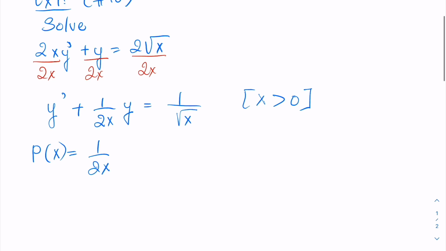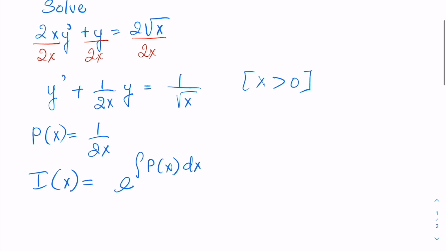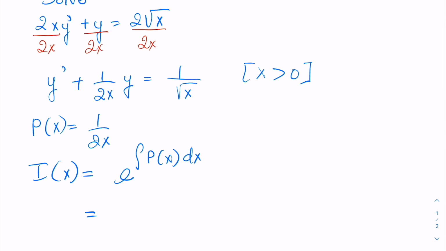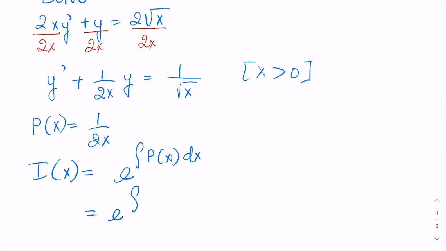Now let's take care of I of x. So I of x is e to the integral of p of x dx. So what we have is e to the integral of 1 over 2x dx.